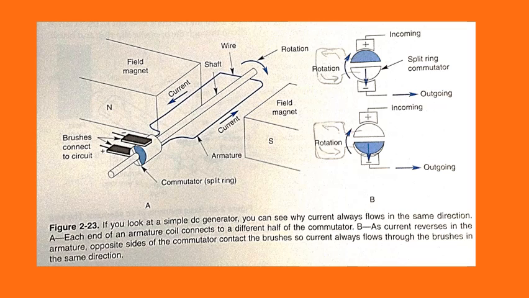As the armature rotates, an alternating current is set up in the coil, exactly as in the alternator. However, because the segments of the commutator change brushes every half turn, the AC in the coil is changed into a pulsating DC in the external circuit. See figure 2-4.